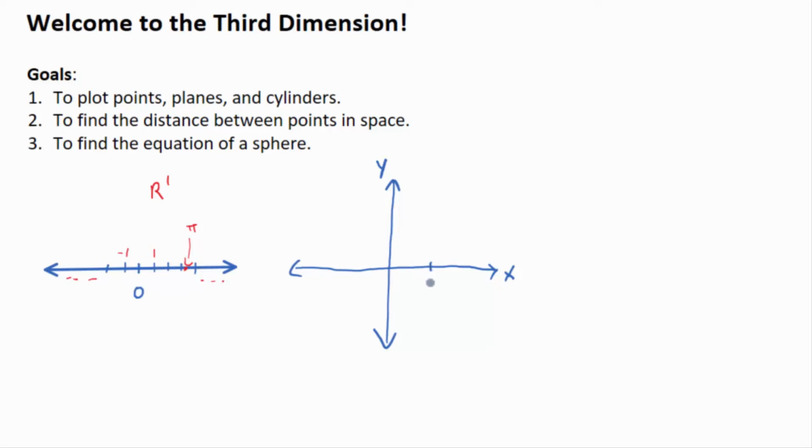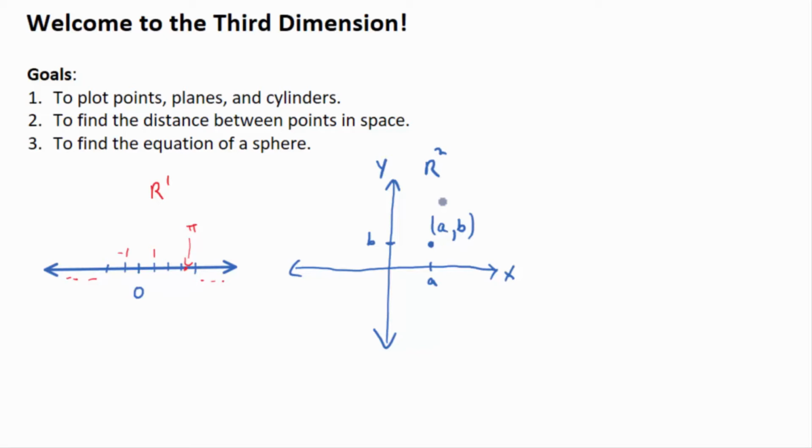If you go over a distance of A on the X and up a distance of B on the Y, and you want to plot a point that happens to be over A and up B, you can denote it like so. We call this XY plane R2. There are 2 dimensions to consider, 2 coordinates when you plot the ordered pair.